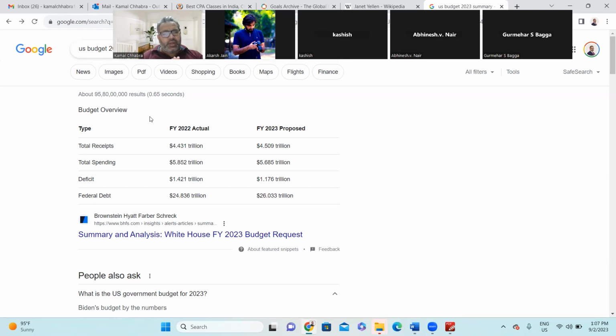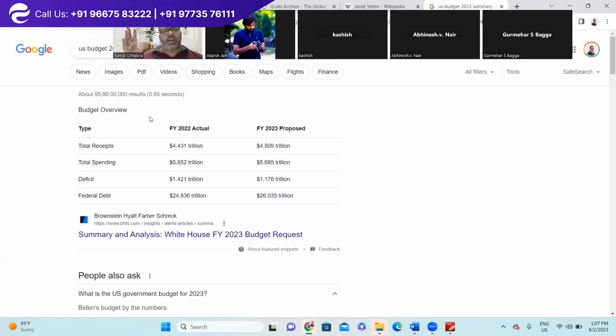Yes, sir. For example, let's say the overall India budget is $10 trillion. Out of that $10 trillion, let's assume $1 trillion is allocated to education. Within education, there might be an allocation for capital expenditure, that means developing new colleges, universities, IITs, IIMs, or different polytechnics and other institutions.